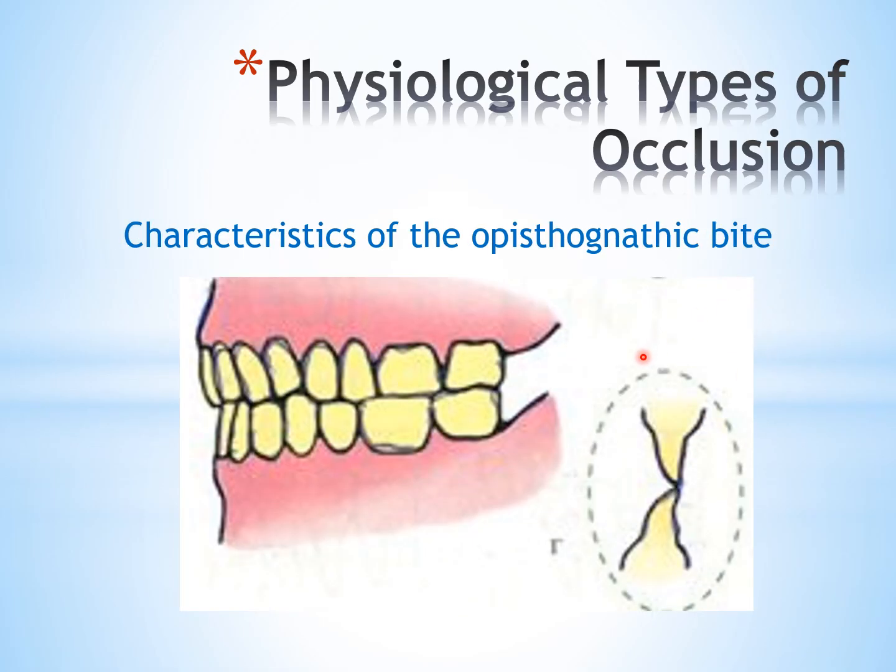Opistognatic bite. What does it mean? It means that molars and premolars have the same correct position, but frontal teeth are tilted backward.